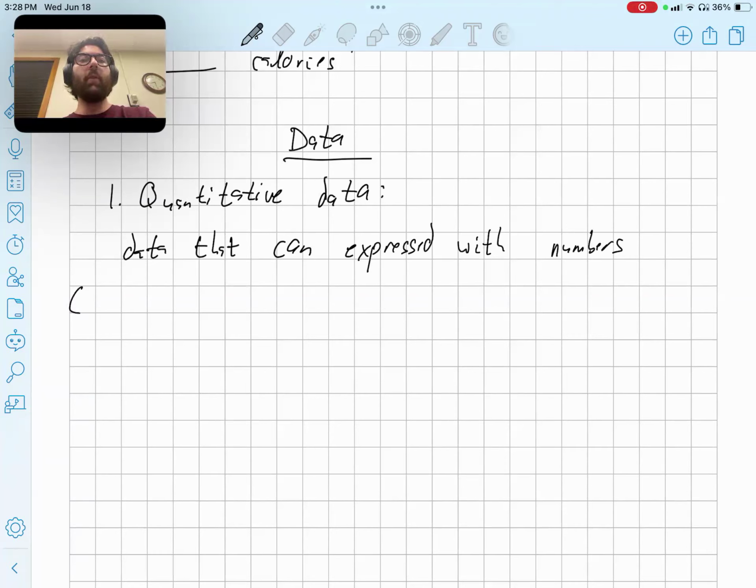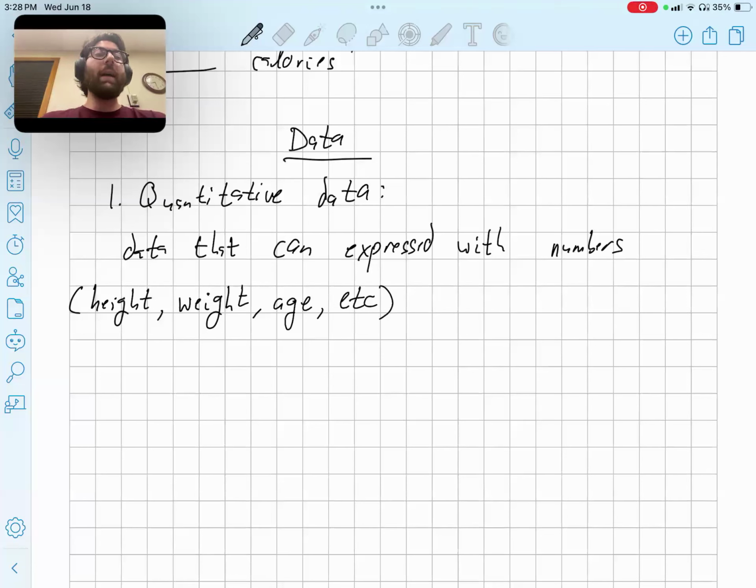So for example, you could have a height. So if you are in a classroom and you're looking, okay, what is the height of everyone in this classroom? Height, weight, age, etc. So these are information that can be classified numerically, so numerical information.